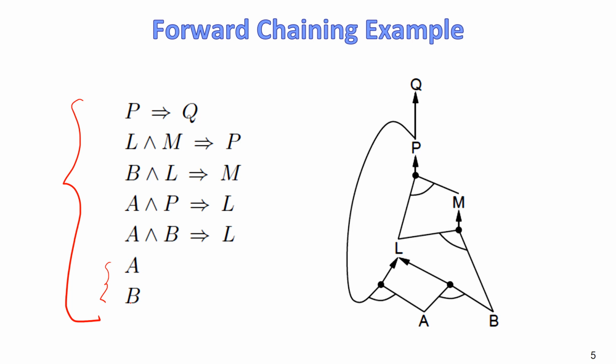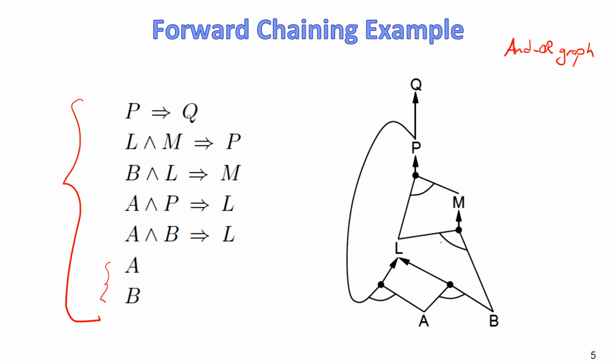So all the sentences are definite clauses, and they can be converted into implications like that. That's the condition before we apply forward chaining. Now, once we have the knowledge base, we can represent it, just for illustration, by what we call an AND-OR graph.